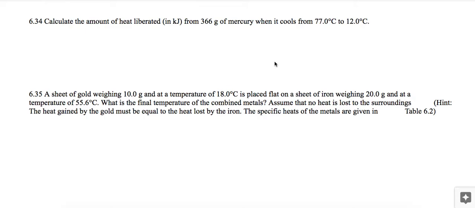And our answer comes out to be negative 3.31 kilojoules of energy.